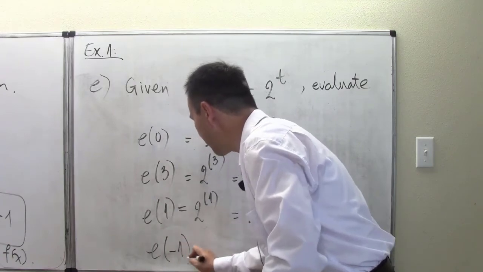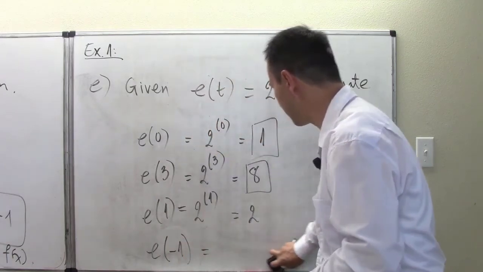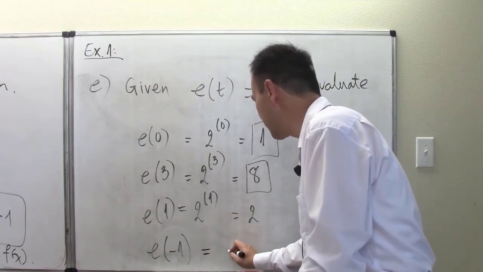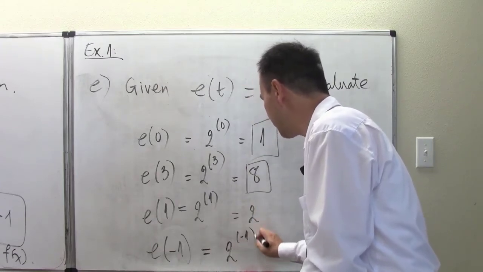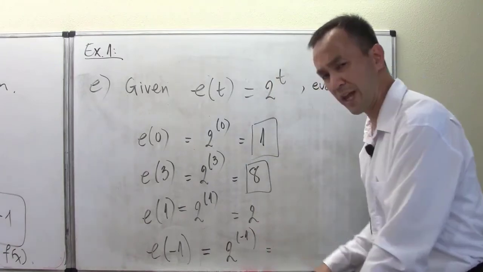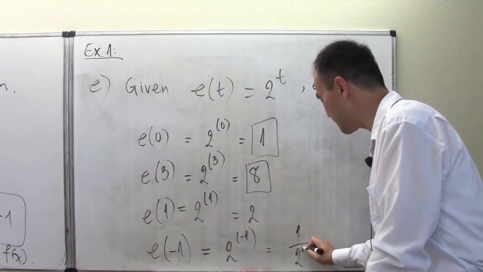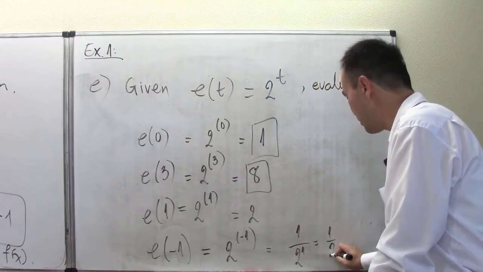It means 2 to the negative 1. Algebraically, 2 to the negative 1 is 1 over 2 to the 1st power, which is 1/2.